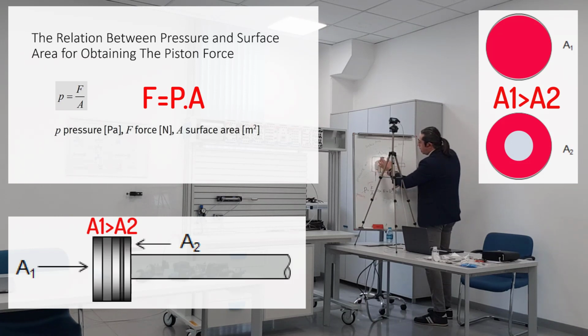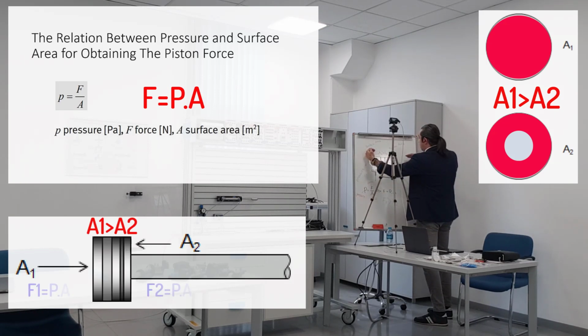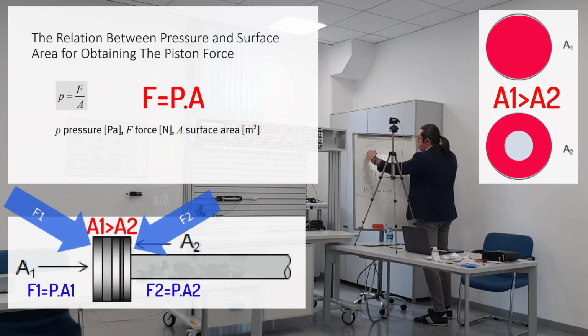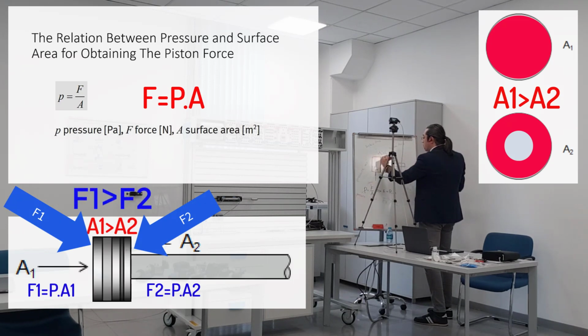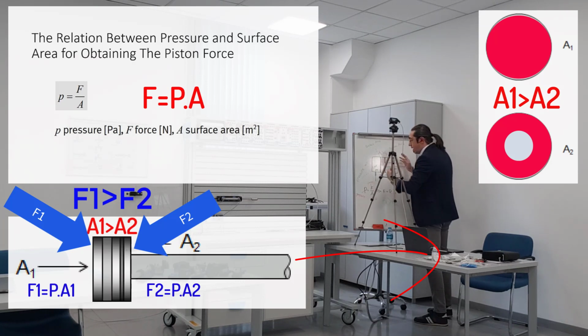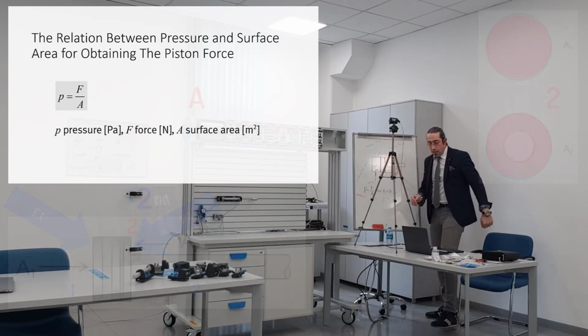A bigger area means bigger force. F1 is bigger than F2, so that's the reason it moves forward. You can control it by your hands because the difference in force is not really big, and you can control this by your hands.